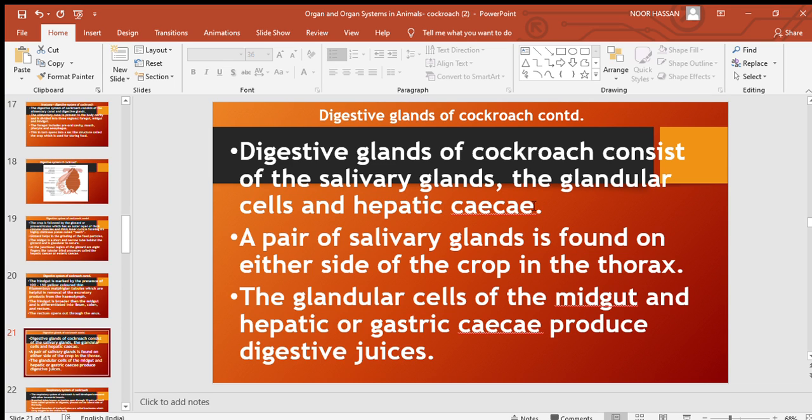This pair of salivary glands is found on either side of the crop in the thorax. The glandular cells of the midgut and hepatic or gastric caeca produce digestive juices.